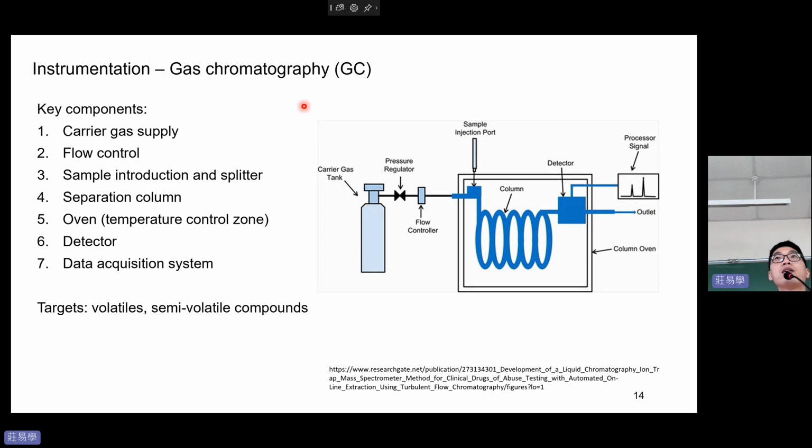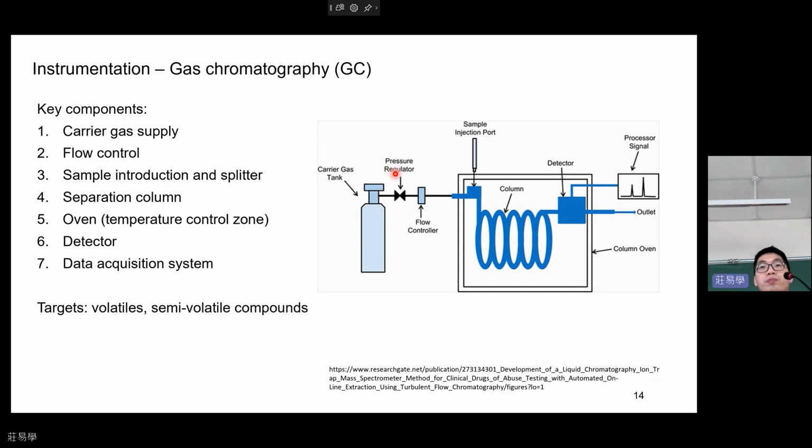So as I said, for gas chromatography, the driving force is gas. You need a gas to push your target analytes and other compounds forward. When your target compounds and other background matrices move forward through the column, they are separated because of the differences of affinity with the stationary phase.